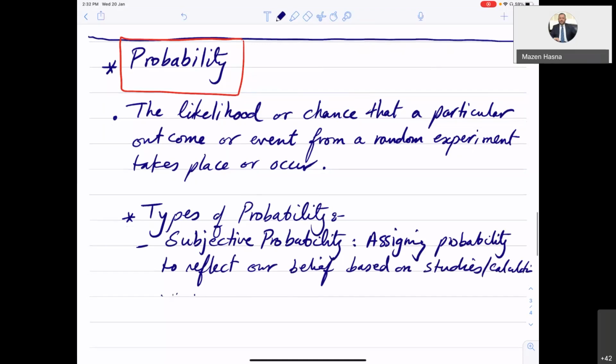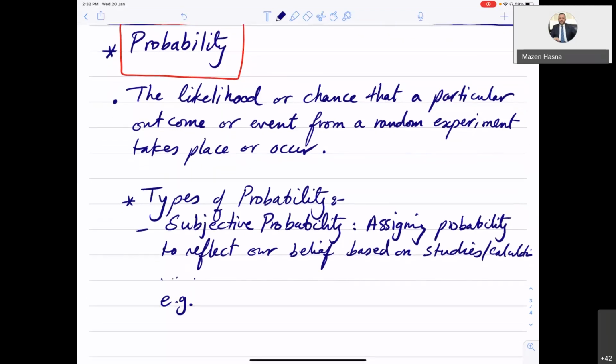For example, a weather forecast sometimes says we have a 50% chance of rain tomorrow, or a 60% chance that we have wind from the north. How did they come up with this number, 50% or 60% or 20%?